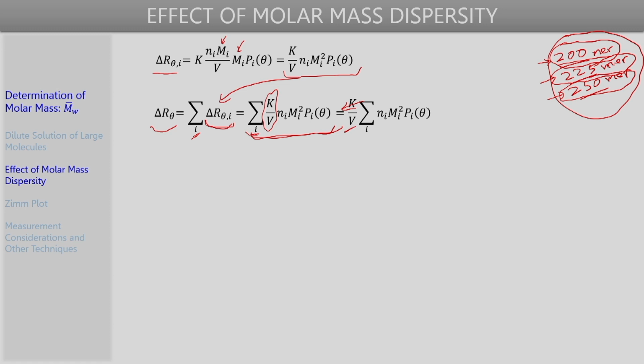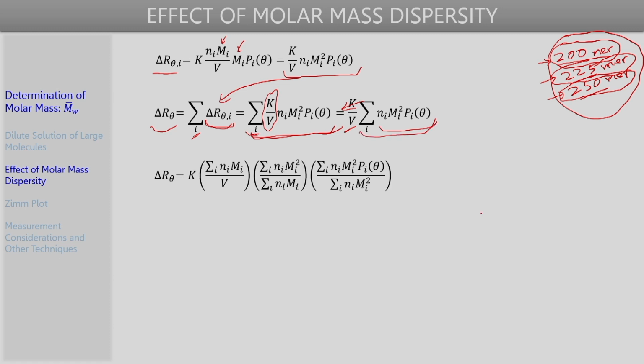And now let us see how we can multiply and divide by certain terms, so as to get some measurable and meaningful quantities from the expression on the right hand side. So, what we are doing here, if we just compare the expression for delta R theta from here and what we have written here, what we have done is multiplied and divided by this term sigma ni Mi, and we have also multiplied and divided by this term sigma ni Mi square here and here.